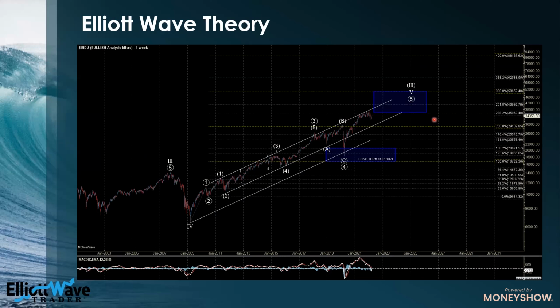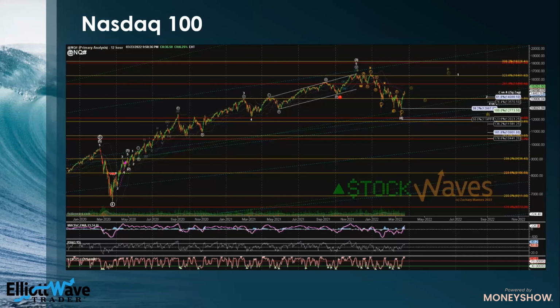There we go. So Mike has a pretty large target box here. I think that's the INDU, Zach. That's not the Nasdaq. Oh, okay. The larger 5th wave isn't on there. Let me see if I can share.